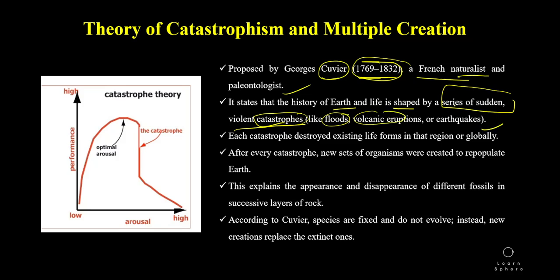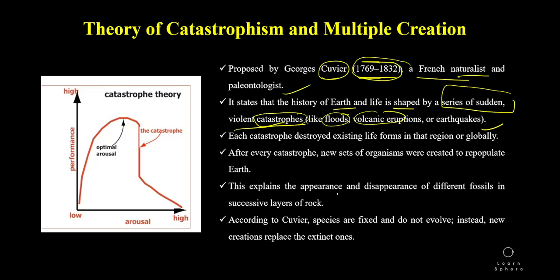According to him, there was already a population there. Then a catastrophe occurred due to which all the older population was killed and new sets of organisms were created to repopulate the earth. This was the main basis of this theory.